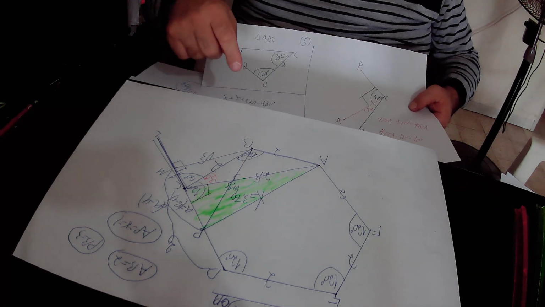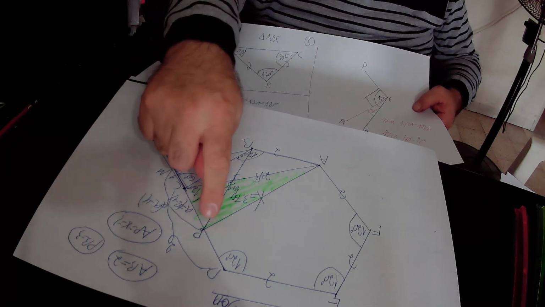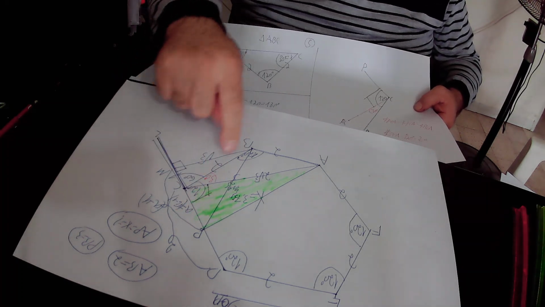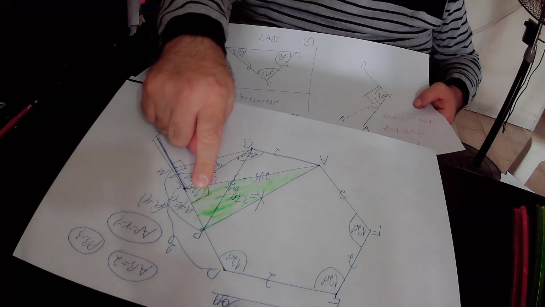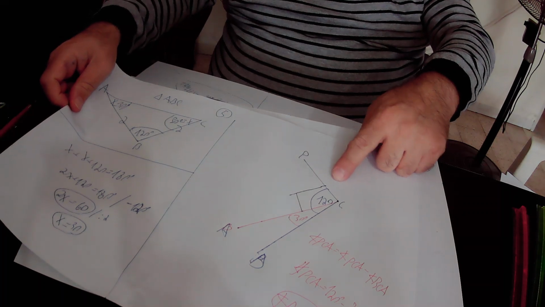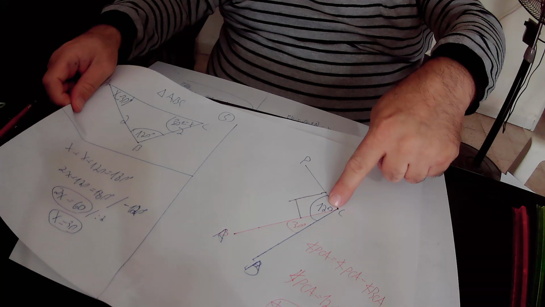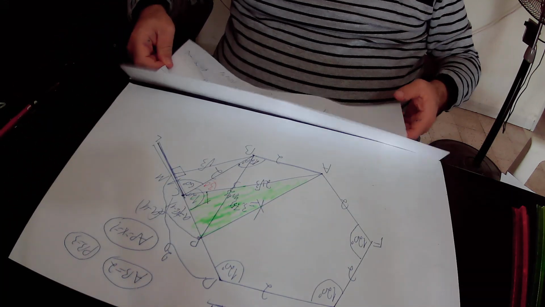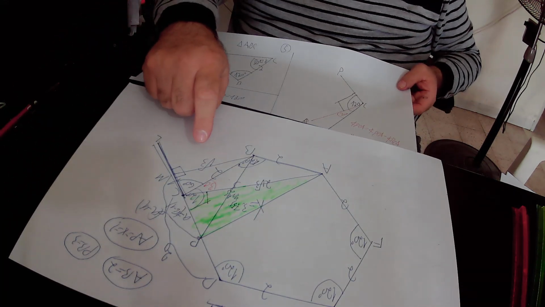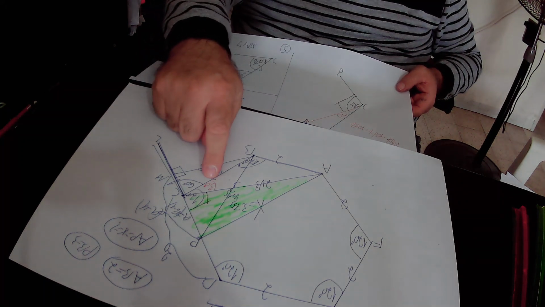Then we have the big angle, angle PCB, that is equal to 120 degrees. The small angle is angle ACB that is equal to 30 degrees.